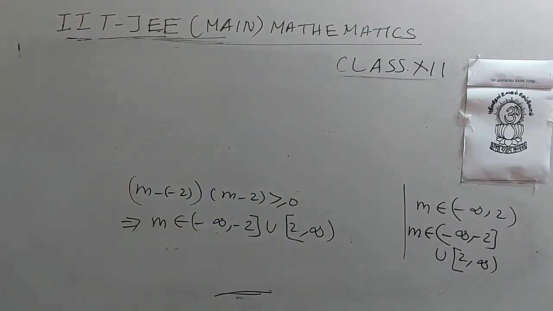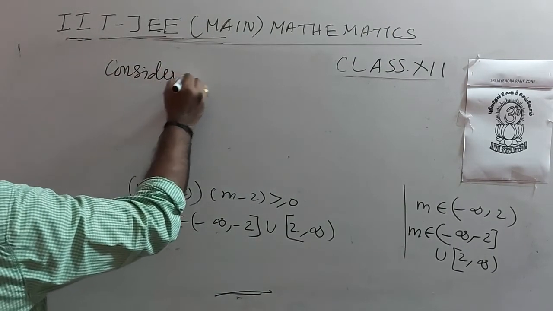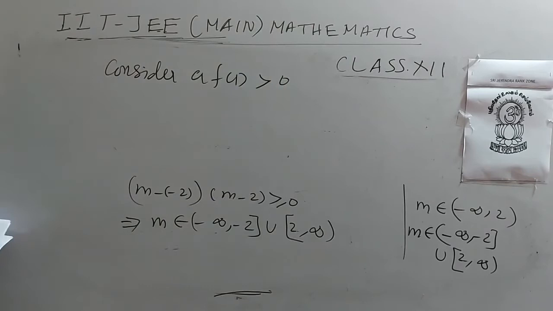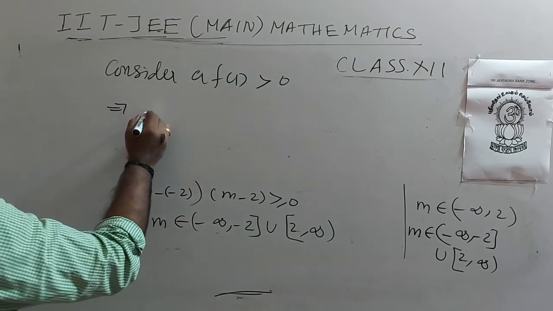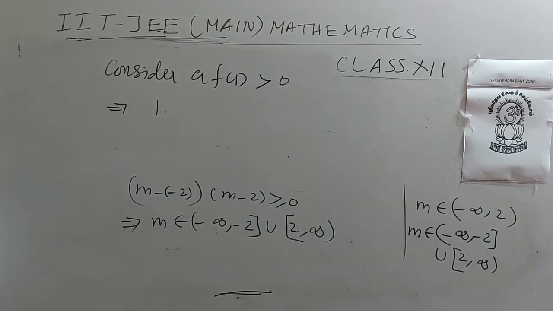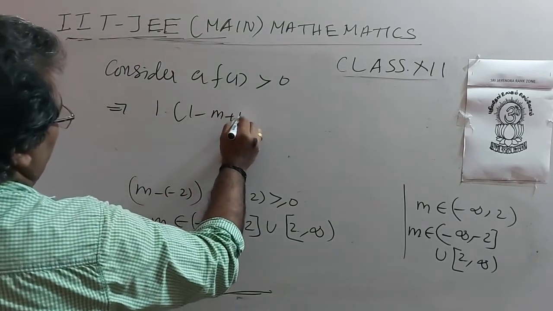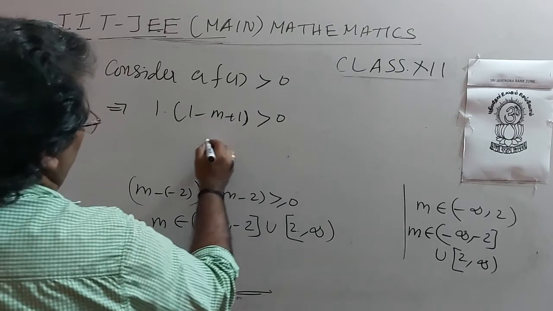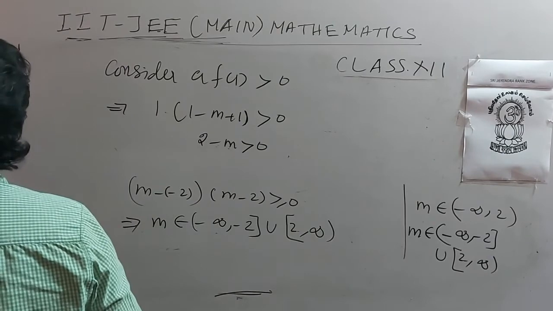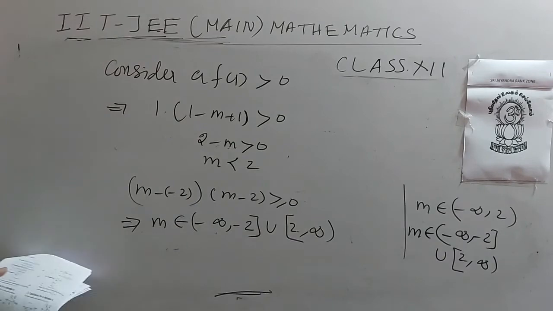Consider a into f of 1 greater than 0, which implies a, that is 1, into f of 1. In f of x we substitute 1: 1 minus m plus 1 greater than 0. 2 minus m greater than 0. That is m is less than 2.